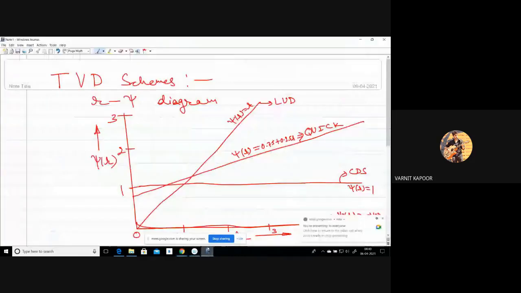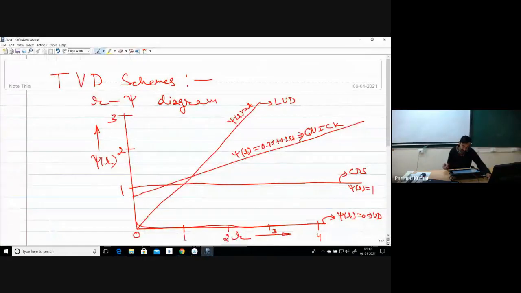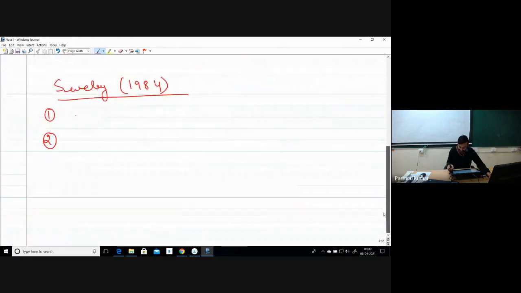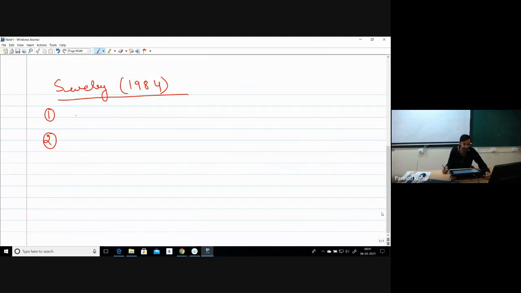Okay, fine. I told you that on this r-psi diagram, we will try to see some of the conditions under which our solution will always be stable. We will not go into the mathematical derivation; rather, I will only explain the conditions. Sweby in 1984 mentioned two conditions under which your solution will be stable.